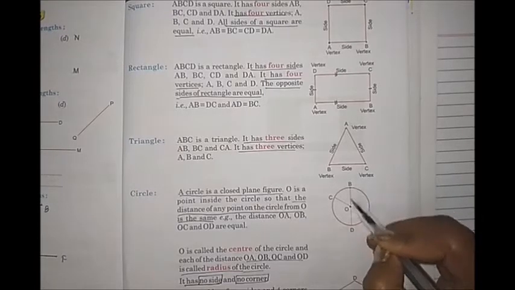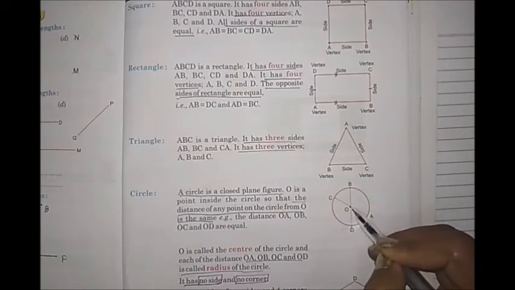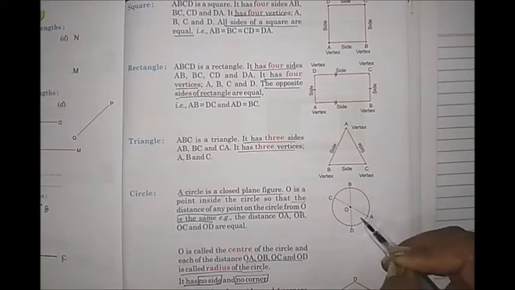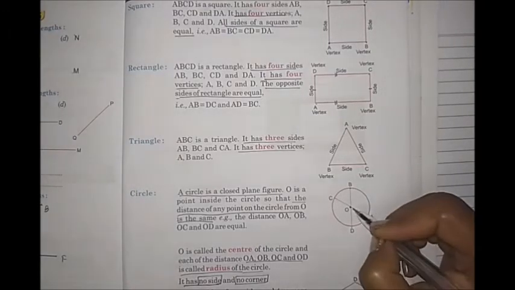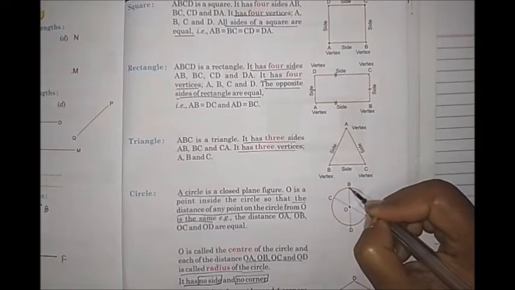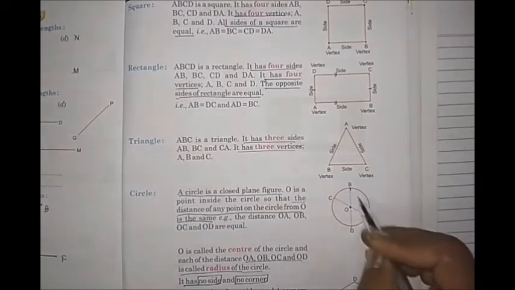That means BO is equal to CO is equal to DO is equal to AO. These distances OA, OB, OC, OD are all equal and are called the radius of the circle. Radius means from the center to the circle. The distance from the center to the circle is called radius, and these are all equal.